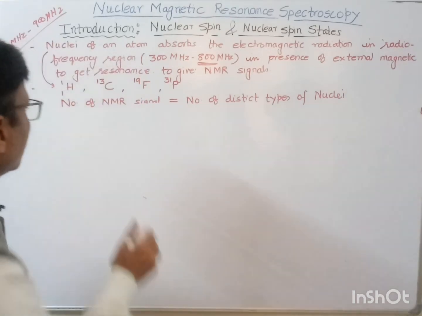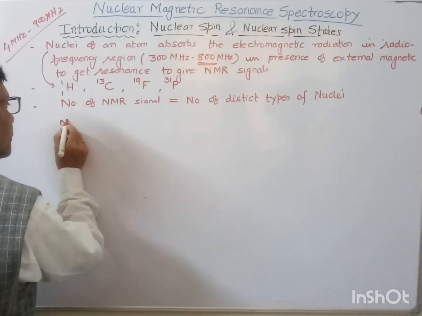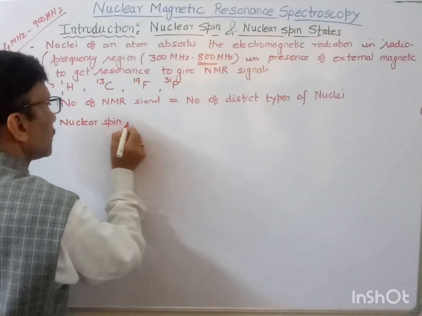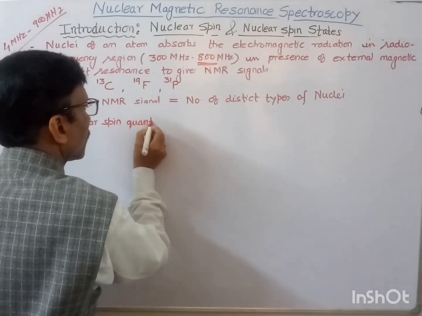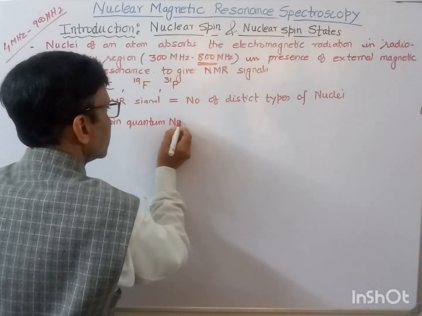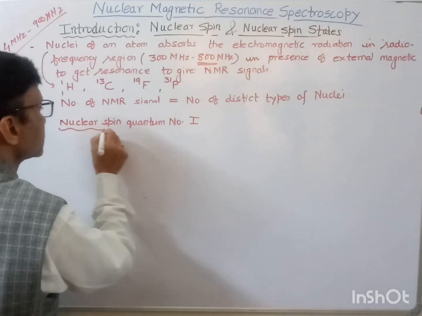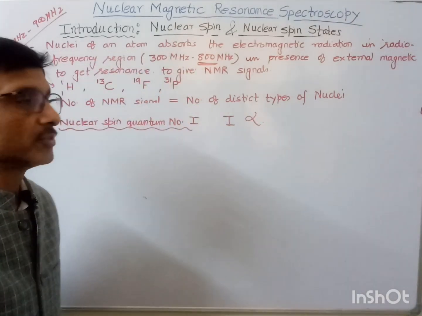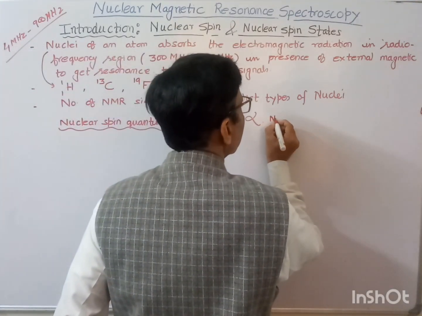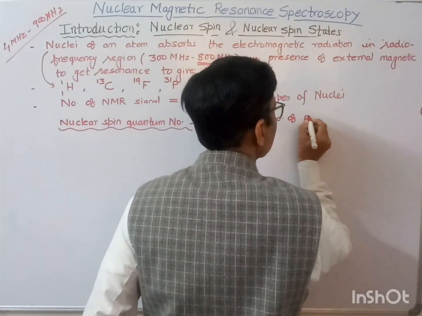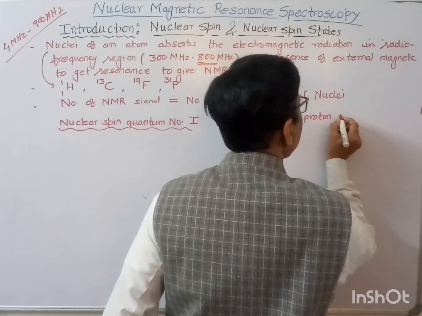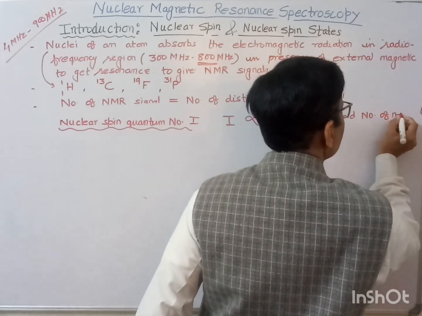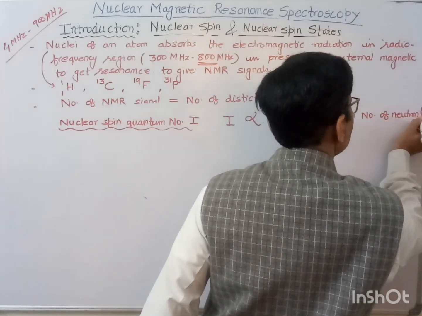So this nuclear spin quantum number I depends upon the number of protons and the number of neutrons.